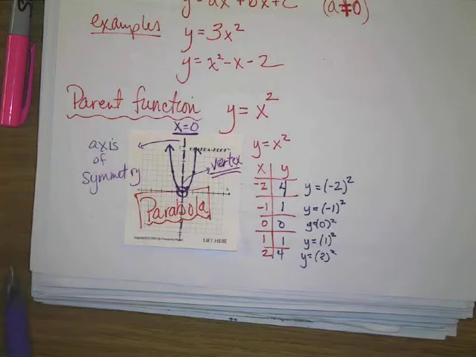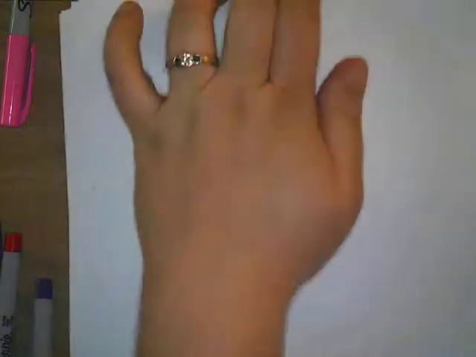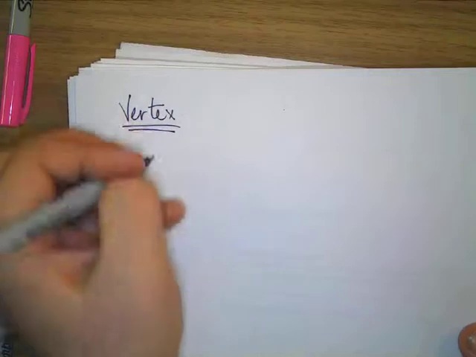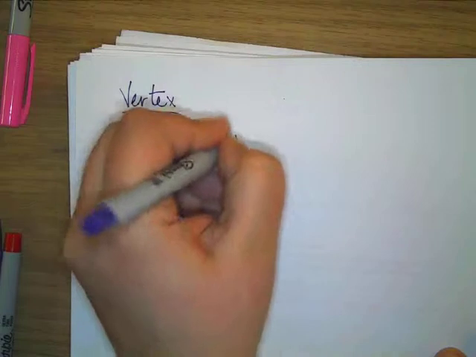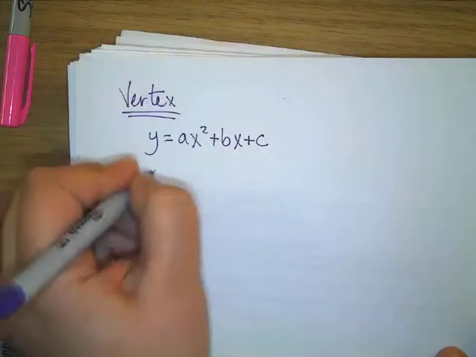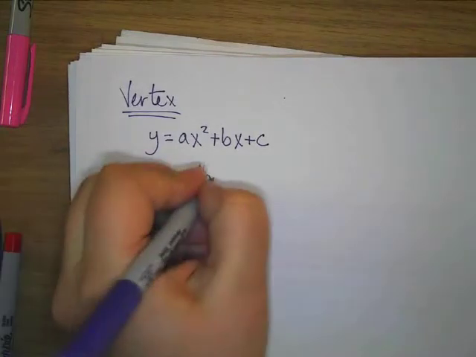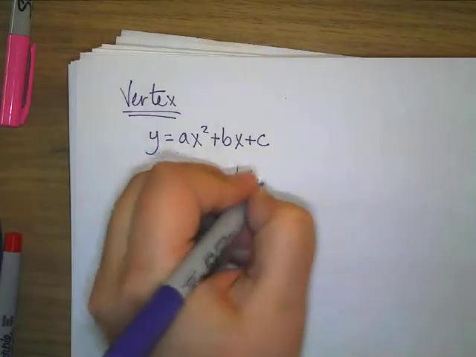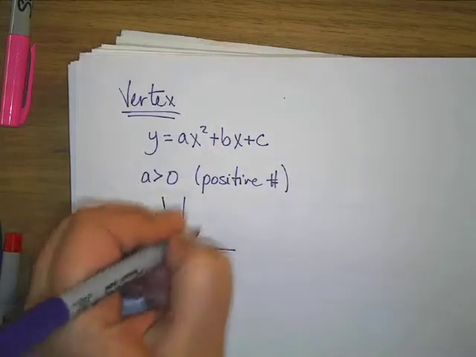Now, sometimes, so go back to your note page. With the vertex, there's a couple things we need to talk about. If you have, so here's our equation, the general form of a quadratic. If a is greater than 0, so that means if a is a positive number, that means our parabola, you could just sketch this, is going to open like this.